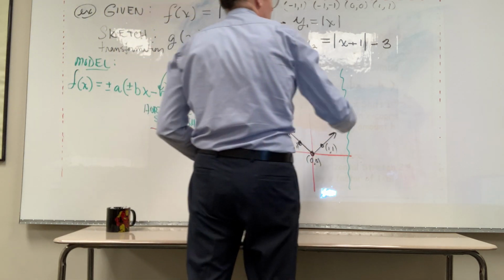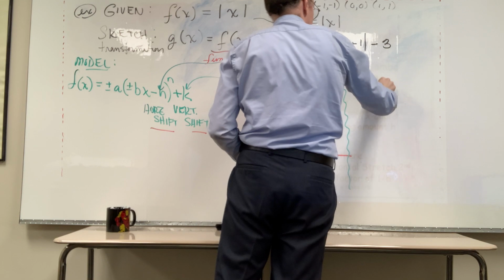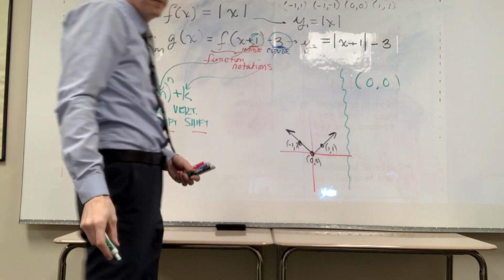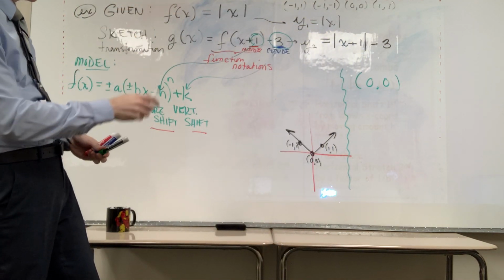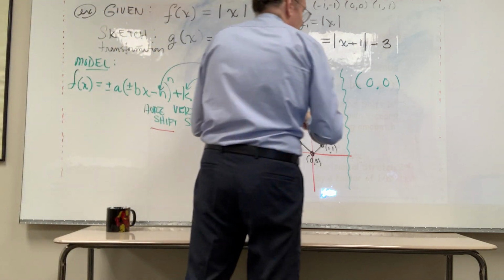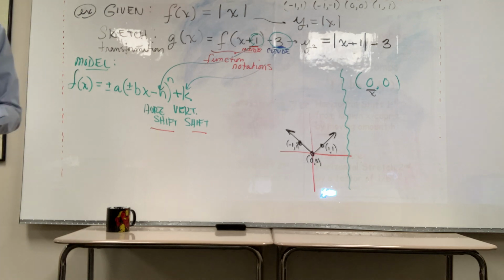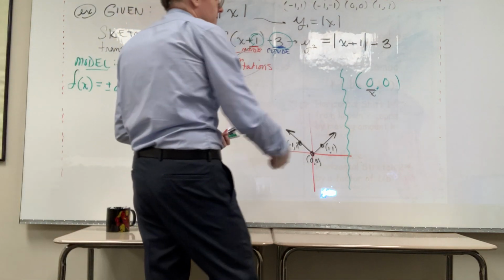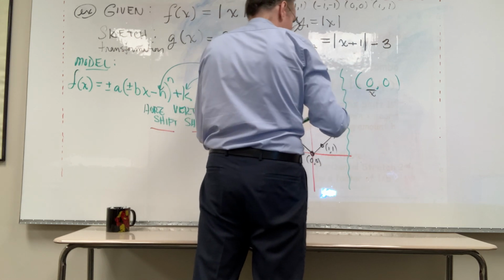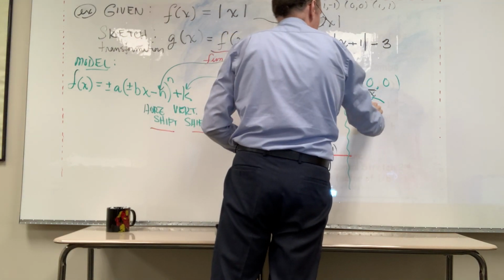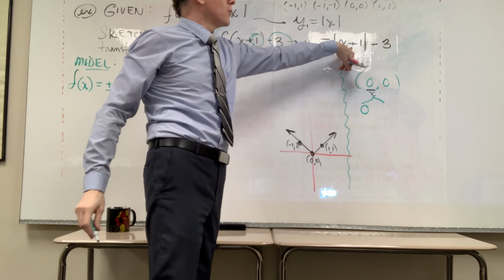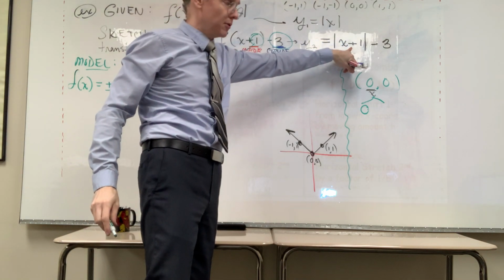If you were to take this coordinate, 0, 0, and just zero in on the x value, that's the x. Shifting would be taking this value 0 and then performing addition or subtraction depending upon what it actually is.